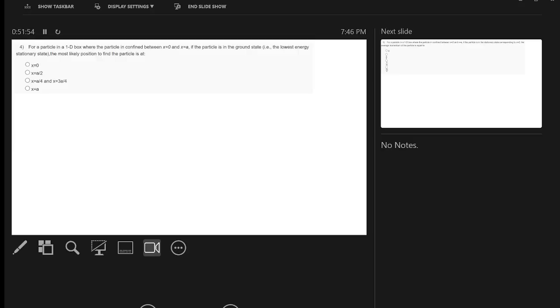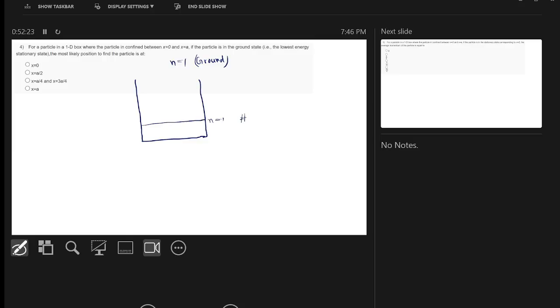So for a particle in one dimension where the particle is confined between, for the ground state, the most likely position. So for n equal to 1, this is the ground state. Because for n equal to 0, energy will be 0, so n equal to 0 is not allowed. So we can take this one, we have n equal to 1.